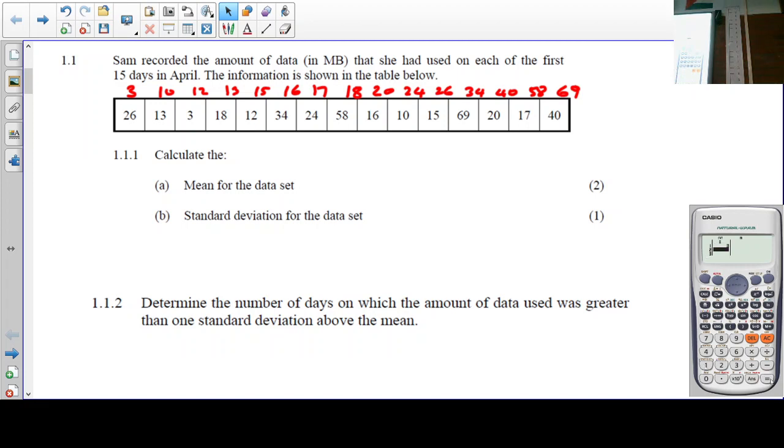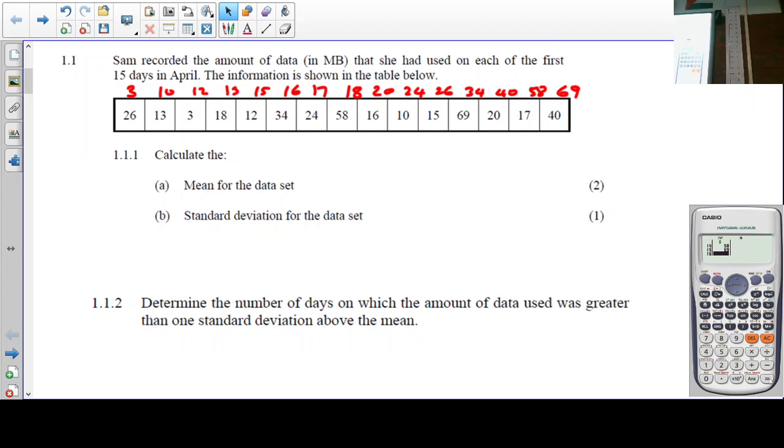So it's 3 equals, 10 equals, 12 equals, so we're entering the data now. 13 equals, 15, 16, 18, 20, 24, 26, 34, 40, 58, and 69. Okay, so we entered all 15 values.